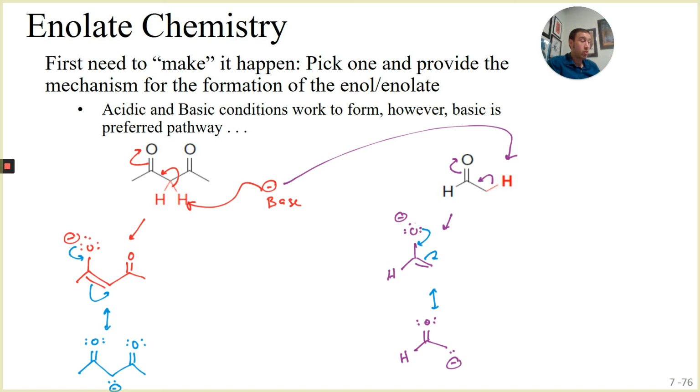Which means when I look at these two reactions, what base should I pick? And we've got three: ethoxide, LDA, sodium hydride. So for our, we'll call it our red structure, what base should you use? If you picked ethoxide, then you would be correct, right?